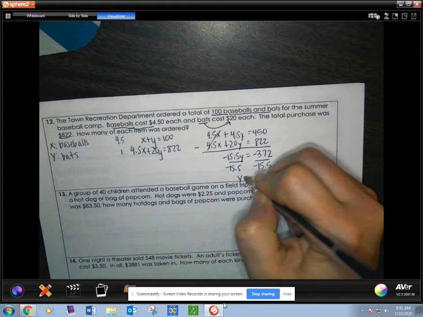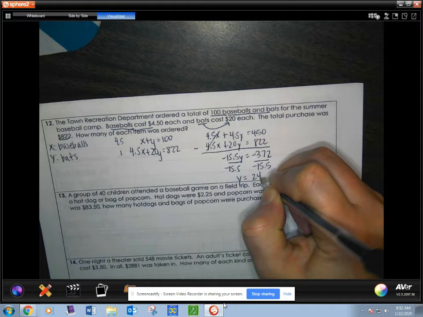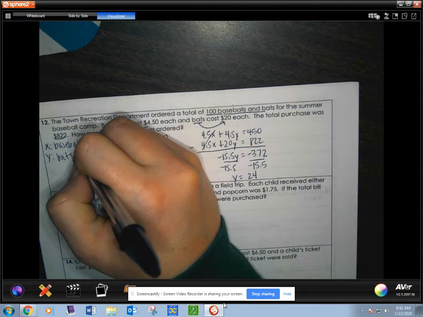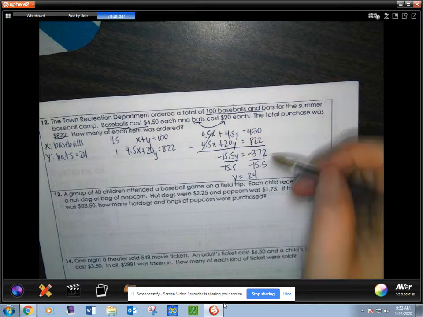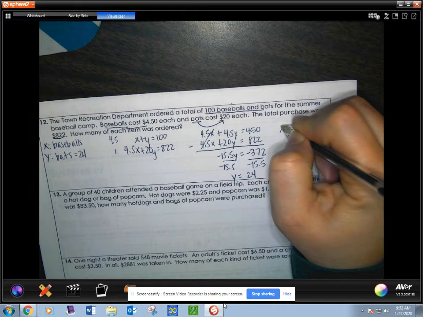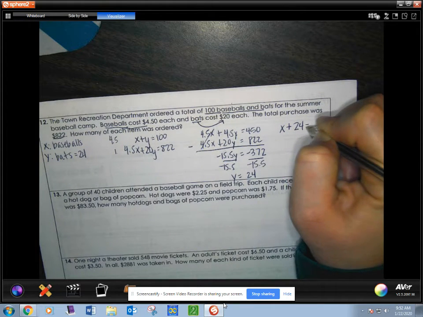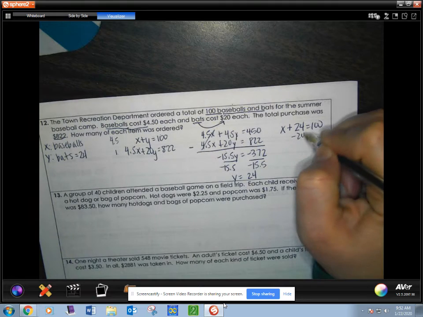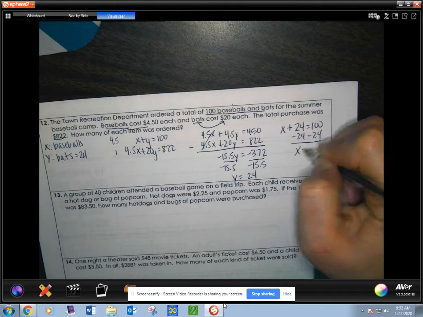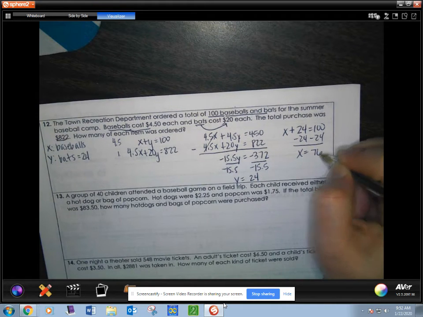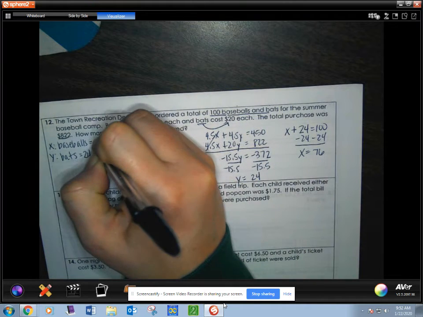And that gives me y equals 24. So I know that I have 24 bats. Now to figure out how many baseballs I have, I go back to the original equation, x plus, but instead of y, we're going to put 24, equals 100. We subtract the 24, and x equals 100 minus 24, which is 76. So 76 baseballs.